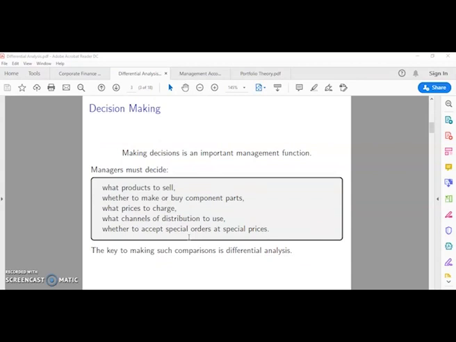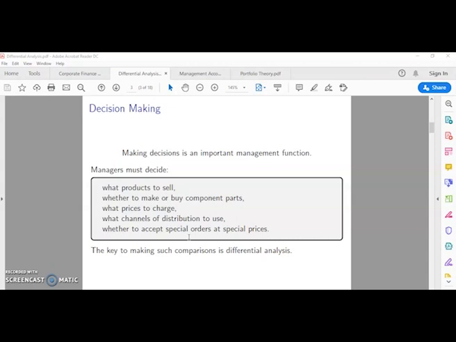So before we start, in fact, we need to get to know more about the decision making process in the company. If you remember when we were discussing the main functions for the management in the first chapter when we started with this course, one of them was decision making.